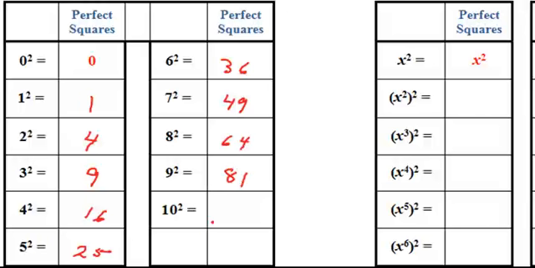And 10 squared is equal to 100. These are the main ones you need to know. 11 squared is 121. 12 squared is 144. Some of you may already know those.